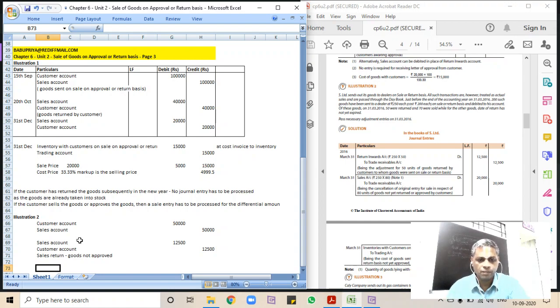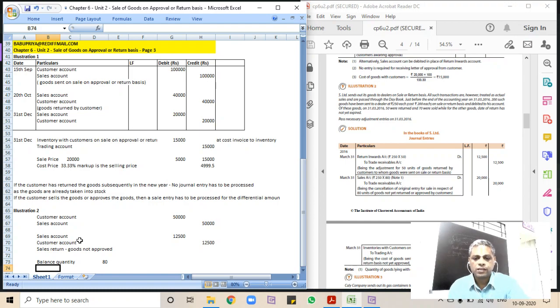Customer has accepted them. What is the balance quantity? Balance quantity is equal to 200 goods sent minus 50 returned minus 70 sold. Balance is 80 numbers. So for 80 numbers, we have to process the sales return entry now.